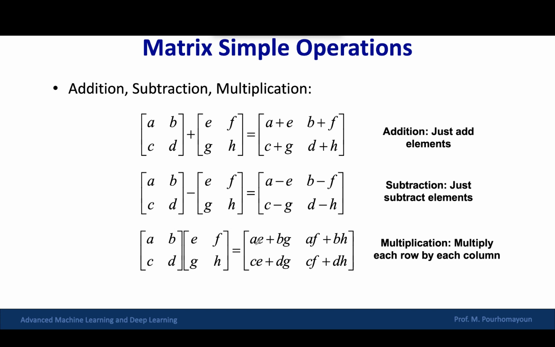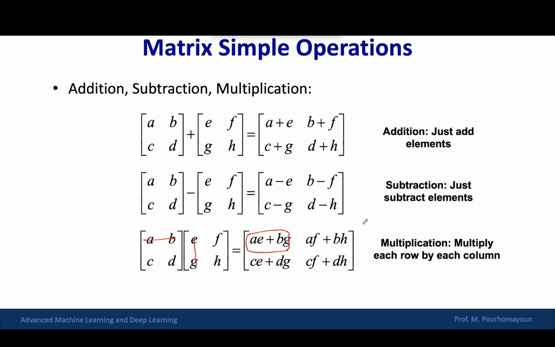Multiplication, to find the result of the multiplication between two matrices, this is the idea. The first element of the output will be the first row multiplied by the first column.